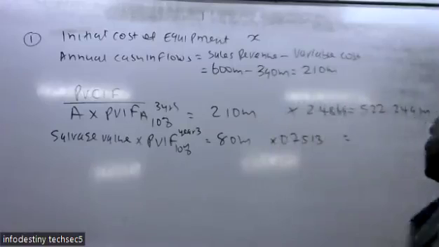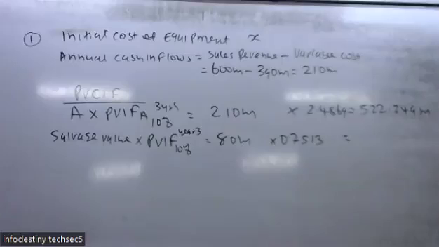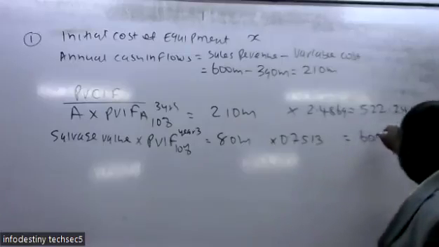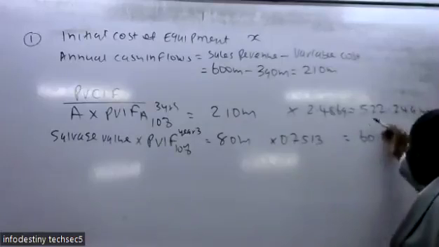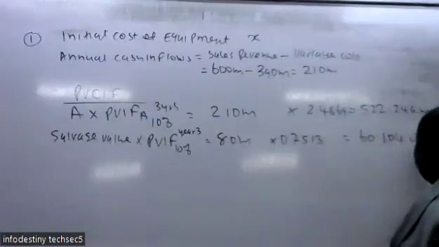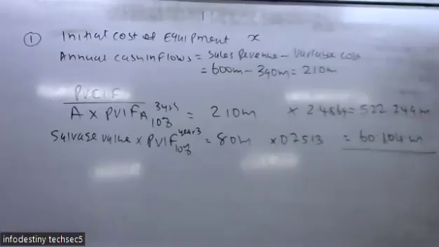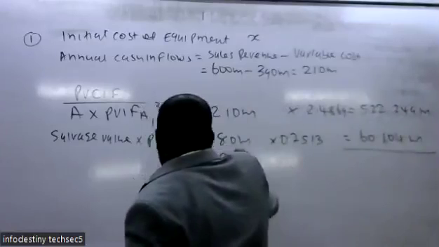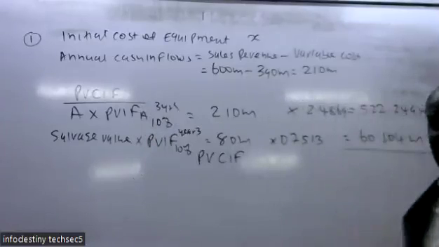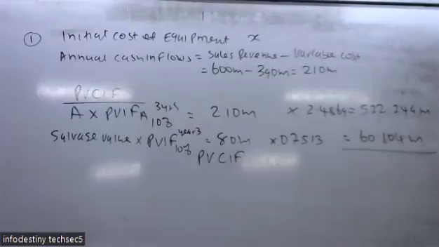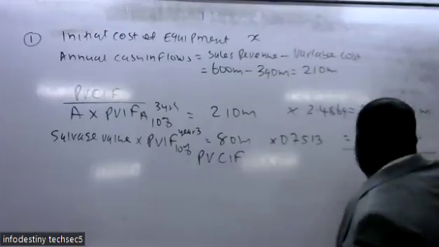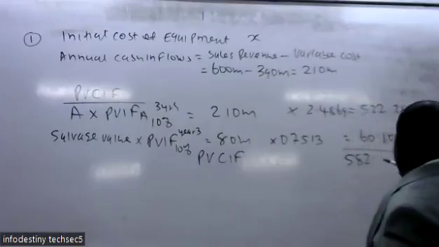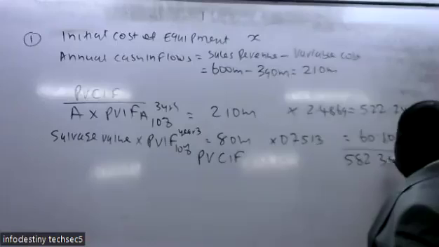Yeah, so when we multiply, it should be around 60.104 million. So when we add them together, that is now when we shall get the present value for the cash inflows. So it must be 582.35.